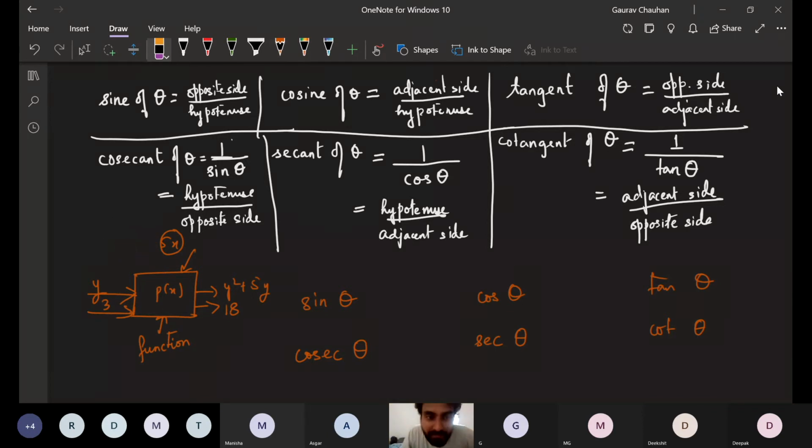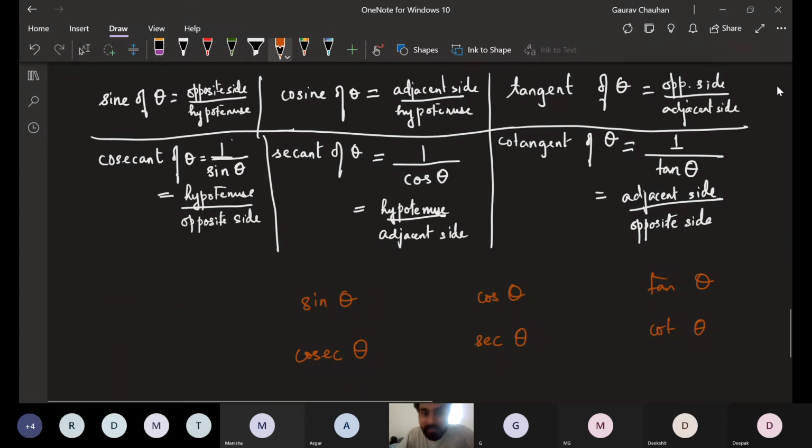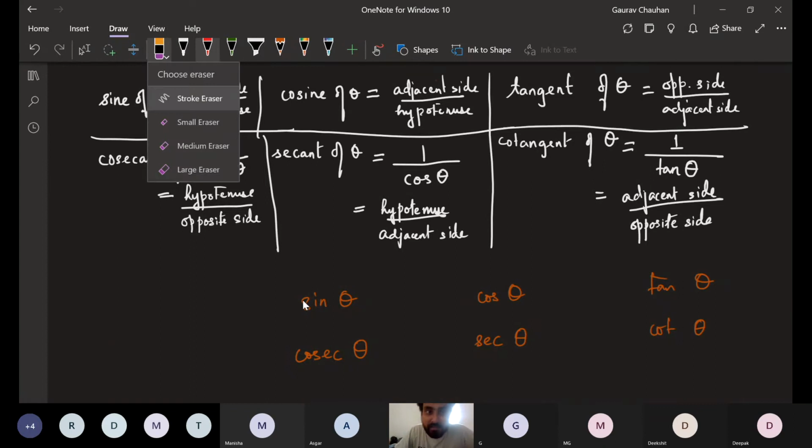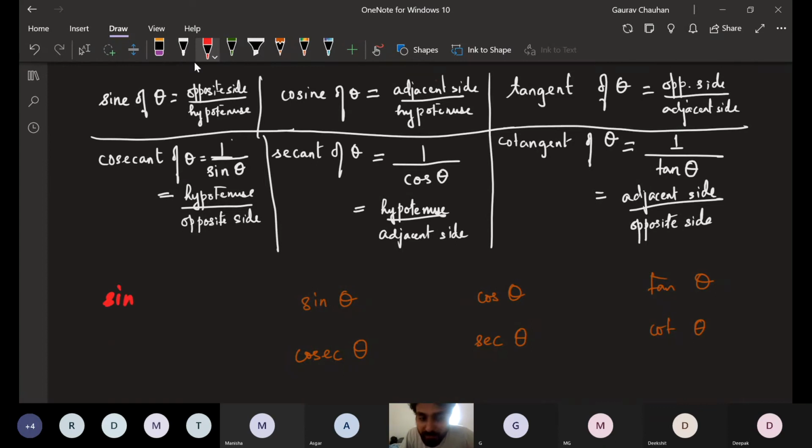Just like that, right now what we are studying, sine theta is not sine into theta. It is a machine, in which sine is like a machine in which we are putting theta, and what we are getting is whatever is the opposite side by hypotenuse.